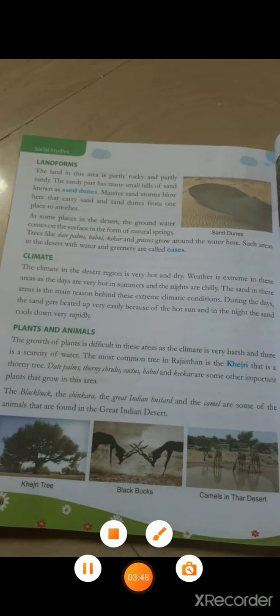Such areas in the desert with water and greenery are called oases.